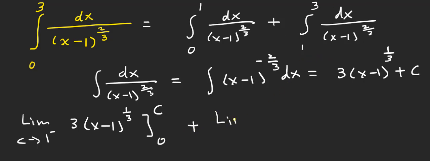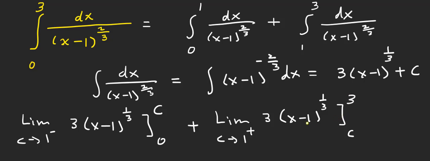The limit as c goes to 1, now it's 1 to 3, so we need to approach 1 from the right side of 3 times the quantity x minus 1 to the 1/3 from c to 3. So this is our setup to find the answer to this integral.